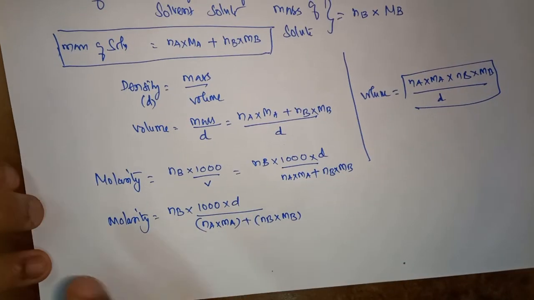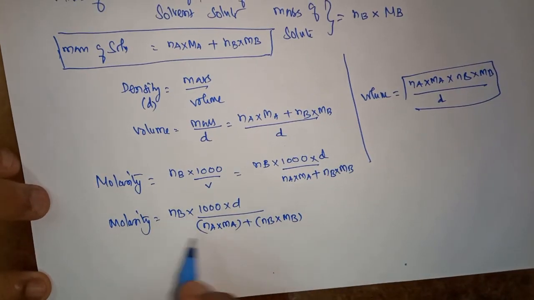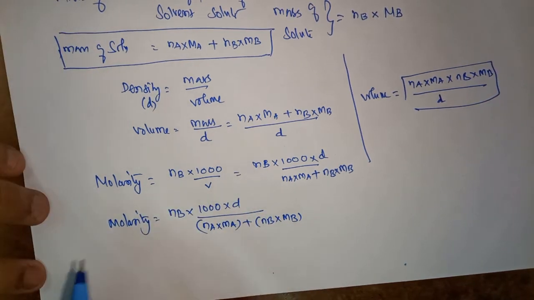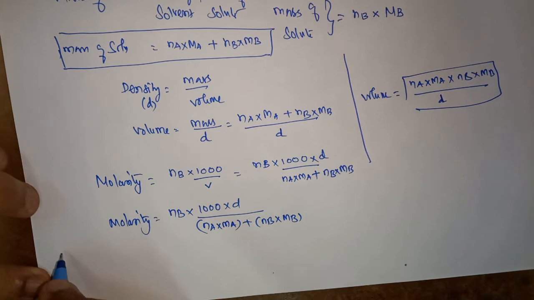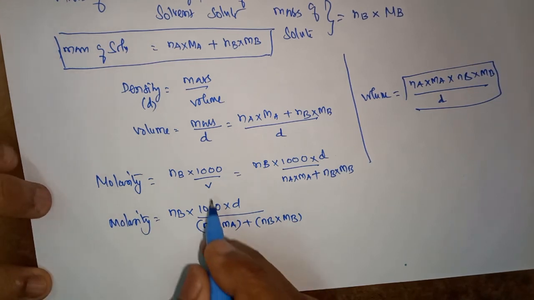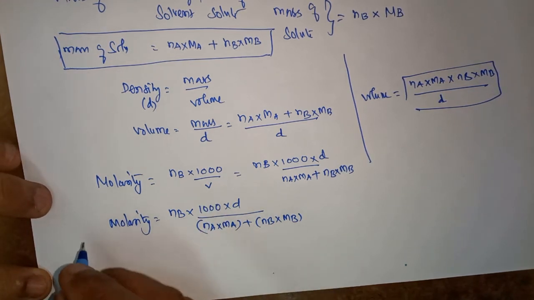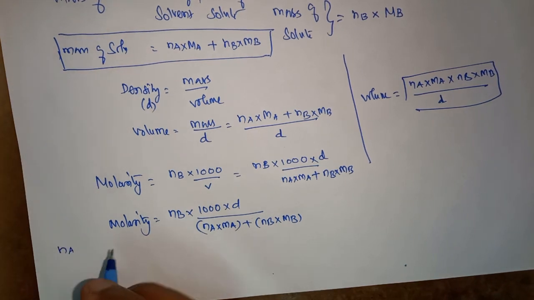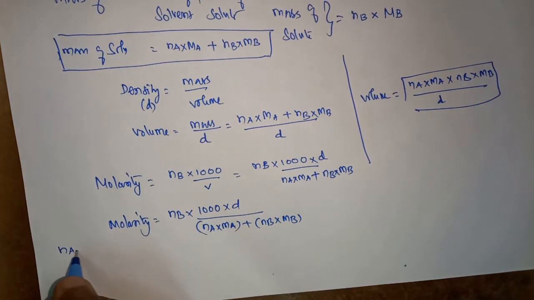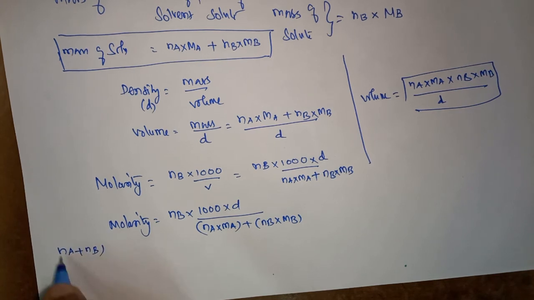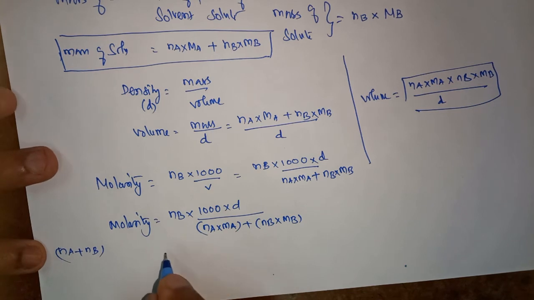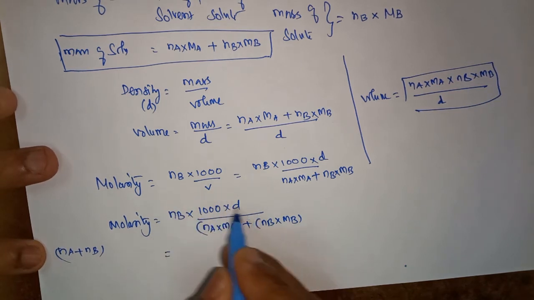What I do here is divide both the numerator and denominator by Na plus Nb. In the numerator, I take this term and divide by that.